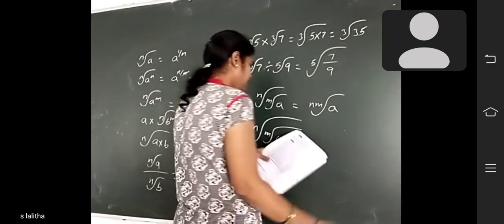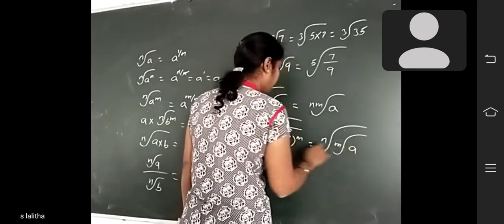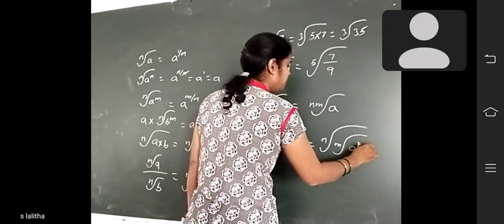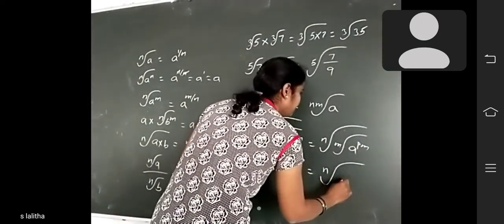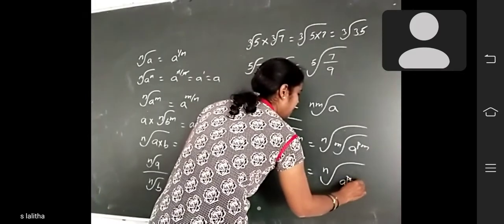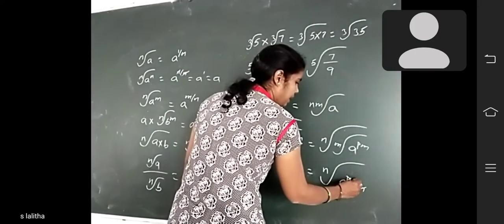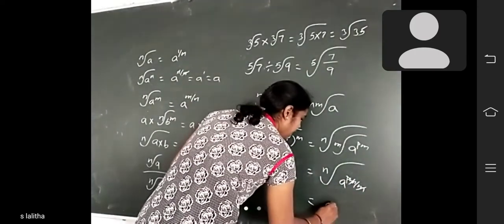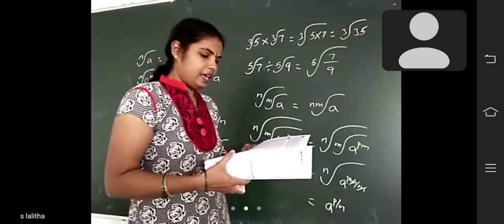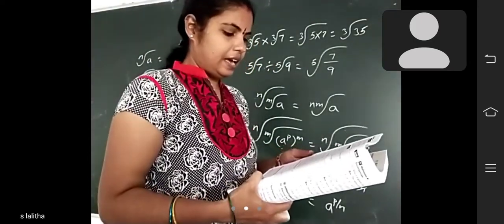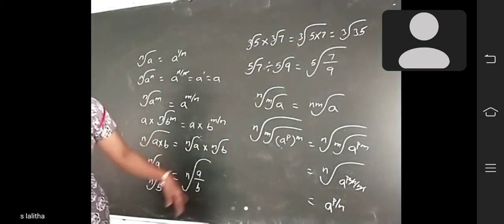How can you write this one? Nth root of a power t into m, how much? tm. That equals nth root of a power tm by m. M will be cancelled. Next, a power t by n. What is the answer? A power t by n. Like that you should simplify these formulas now. All of you read these formulas.